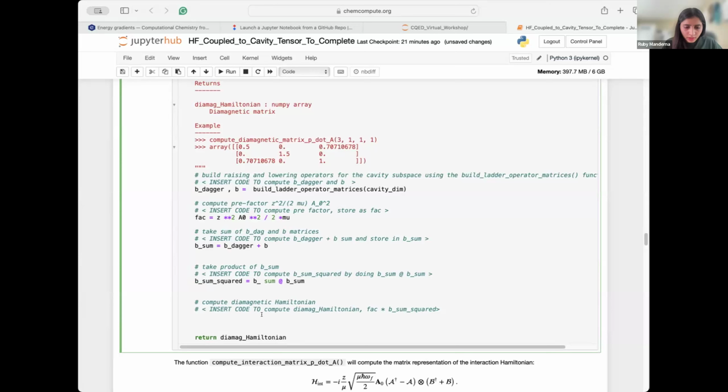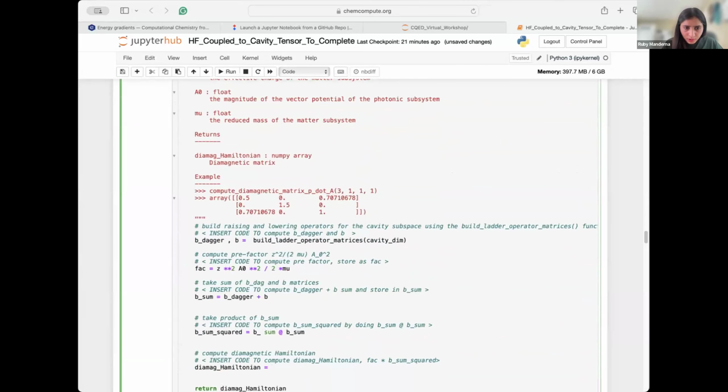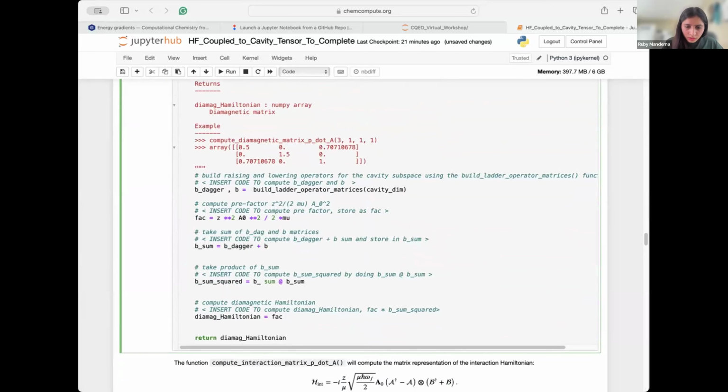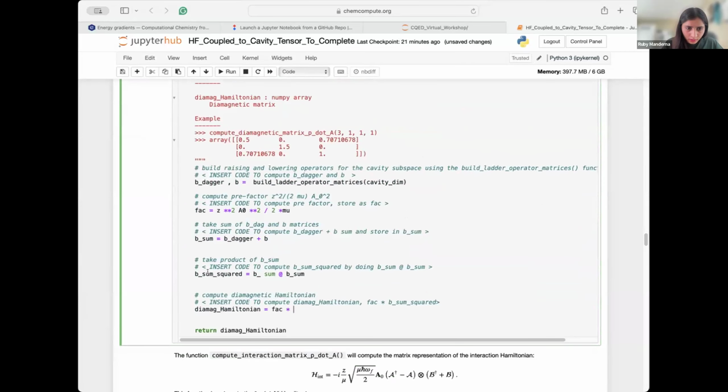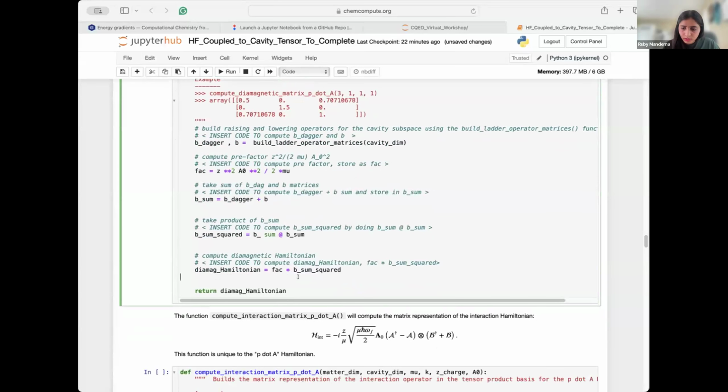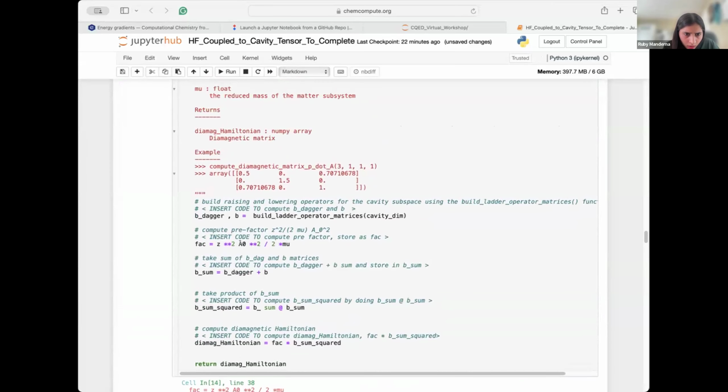So we will store the diamagnetic term as dimag underscore Hamiltonian, equals to, so we will multiply our prefactor, which is stored as fac, into our matrices, simply with this one, and I think this should work. Okay, we need to add a multiplication sign.